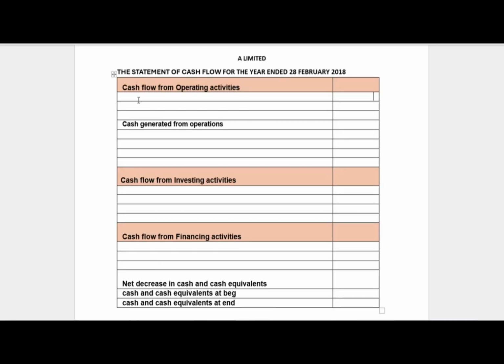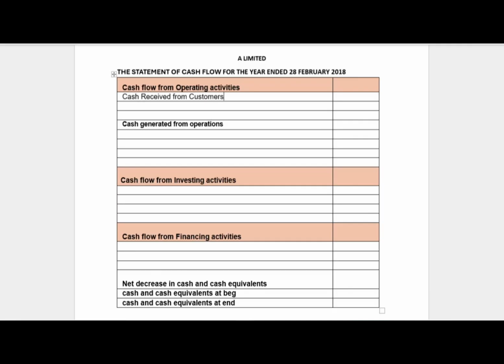We are going to say, under cash flow from operating activities, the number 1 item is cash received from customers or clients, right?